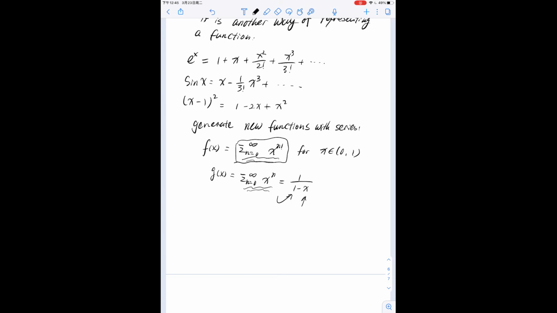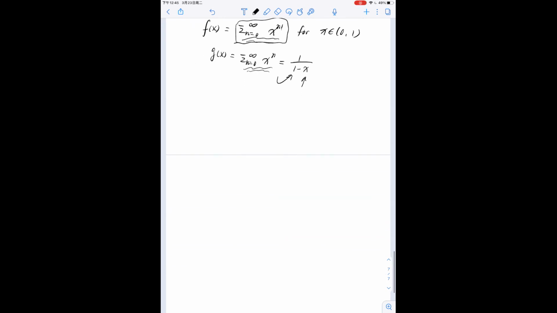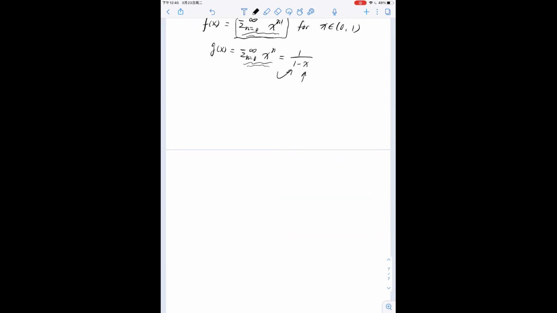But if you represent it in a power series, it might be easier. So let's see an example. How to solve an equation with power series.